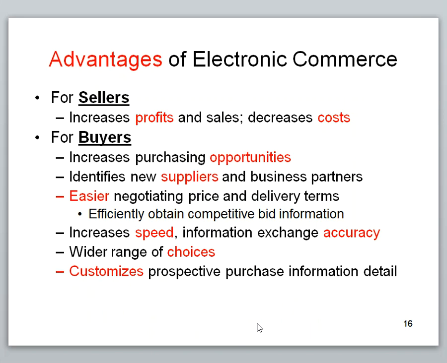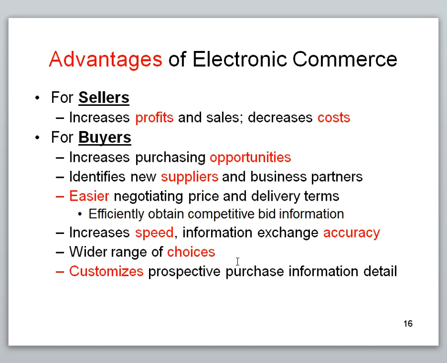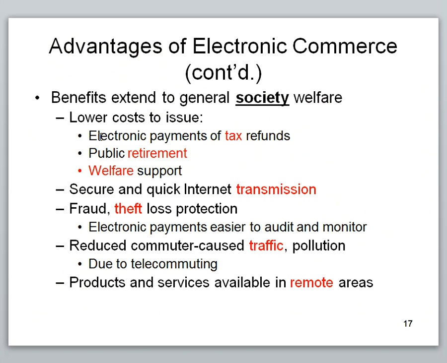The following point that we will talk about in this lecture is the advantages of electronic commerce, and the advantages should be classified into three types: advantages for the sellers, advantages for the buyers, and a third one for society.